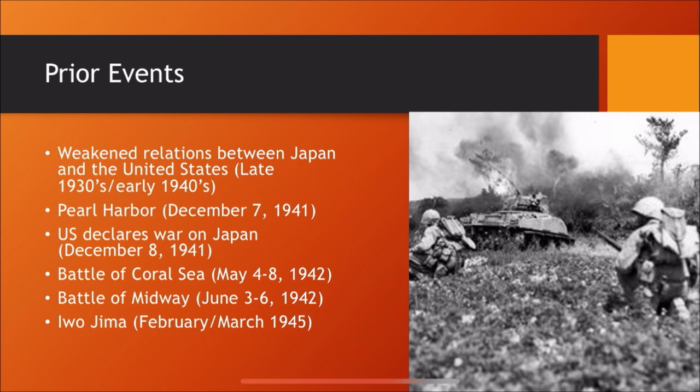The U.S. Navy defeated Japan's Navy and prevented New Zealand from being invaded by Japan. Finally, the Battle of Iwo Jima was a significant victory for the Allies. This victory paved the way for the Okinawan invasion.